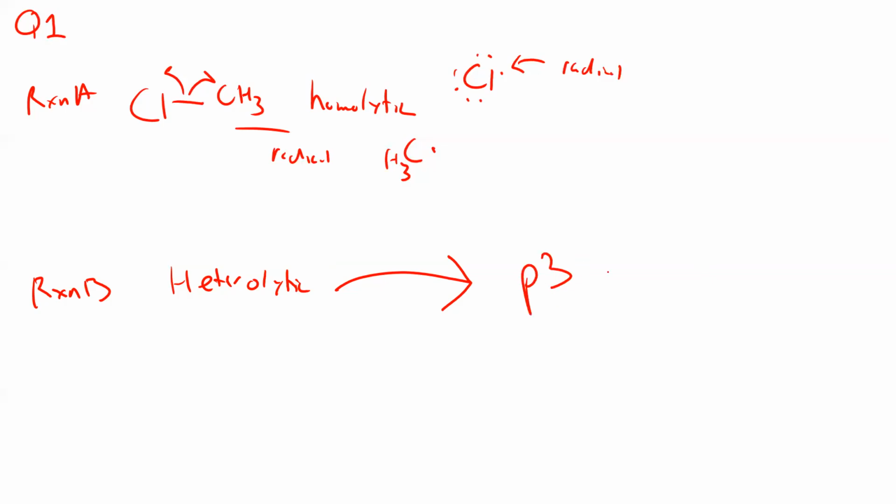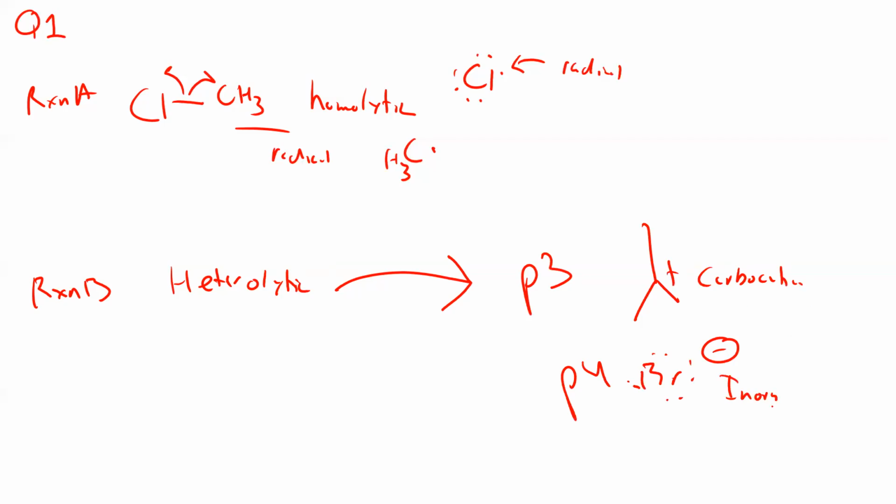Product 3 is this, and that's your carbocation. And product 4, which is bromine, that's going to be your inorganic anion. So that's your answers for question 1.